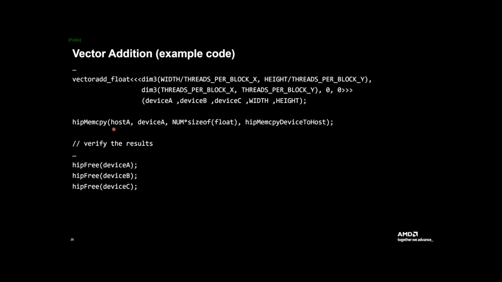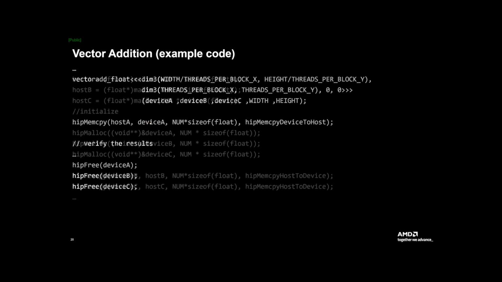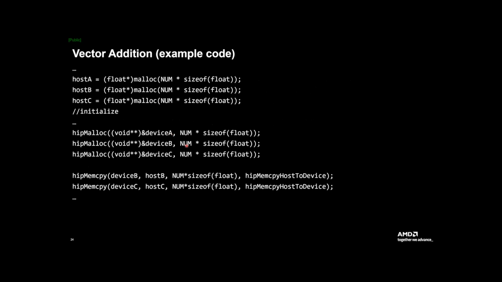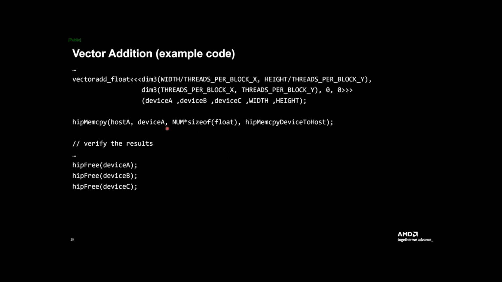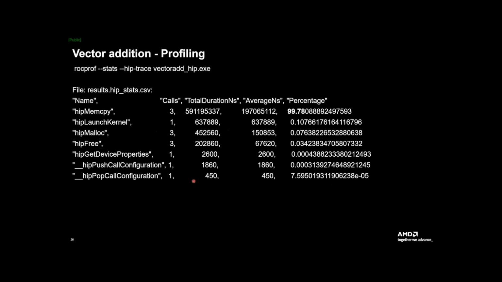Then we copy from the device to the host the array A, which is the result basically. That's why here we sent only B and C, right? Because A is the result, which we take from the GPU. Verify the results here and free the 3 device arrays. So this is how it goes easily.